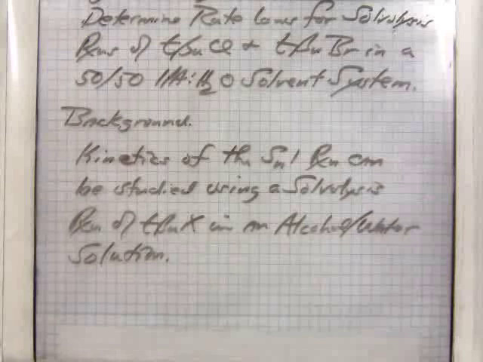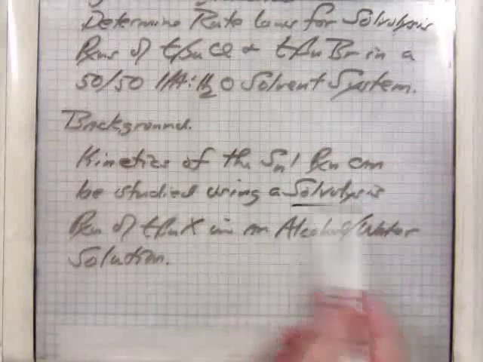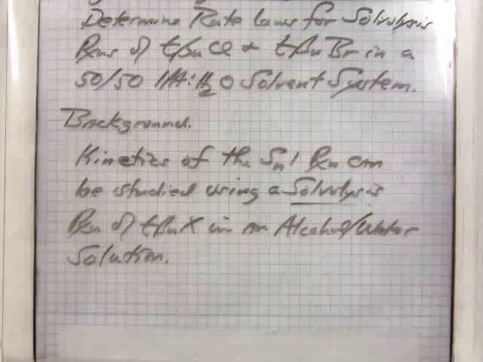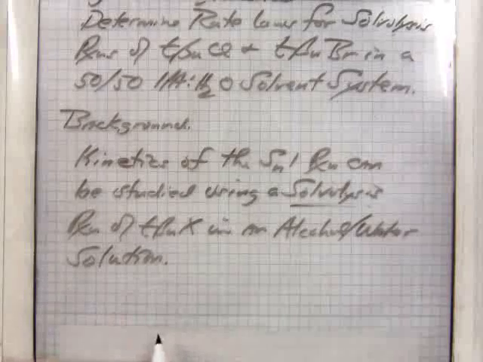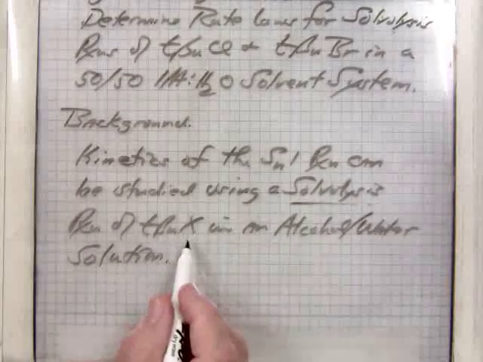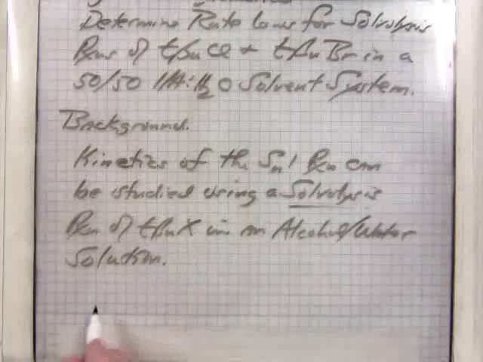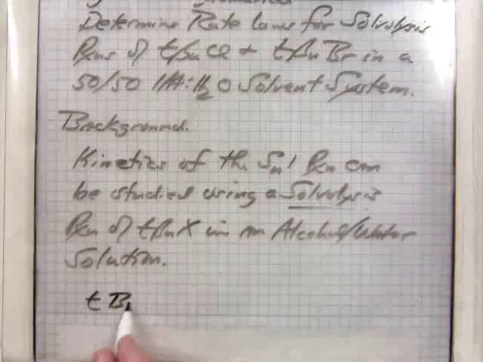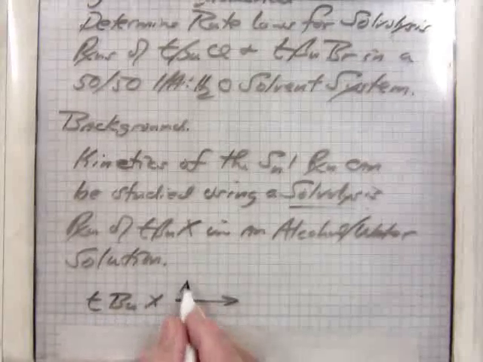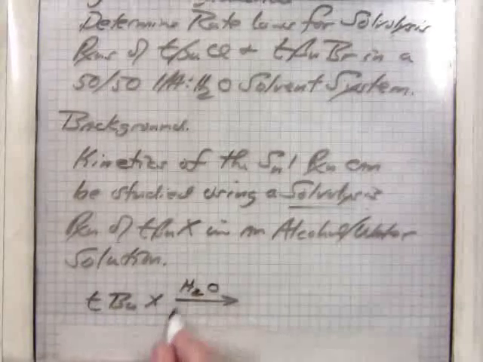Now, the solvolysis reaction is simply defined as the reaction of the solute with the solvent. That's what solvolysis means. So in the solvolysis reaction of a T-butyl halide, where X represents either the chloride or the bromide, we look at T-butyl halide in an alcohol and H2O.